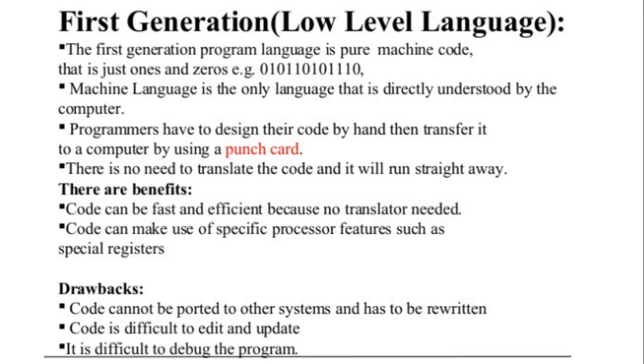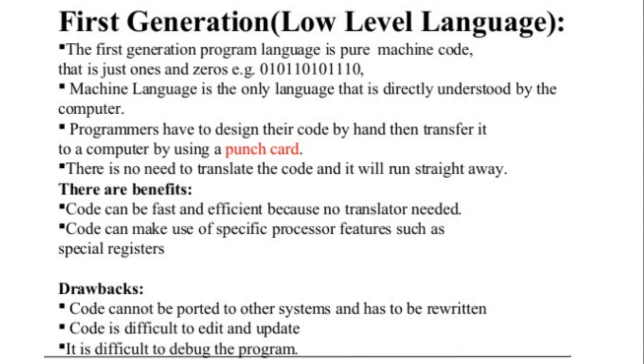The second drawback is that the code is difficult to edit and update. Obviously, you can imagine that if we have a sequence of zeros and ones extending to 3 pages, it will be difficult to edit and update.